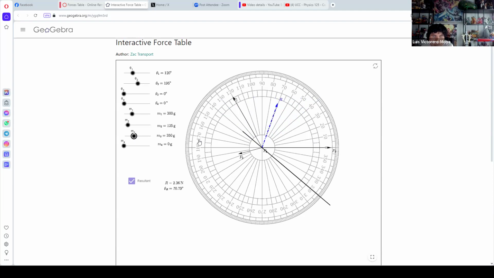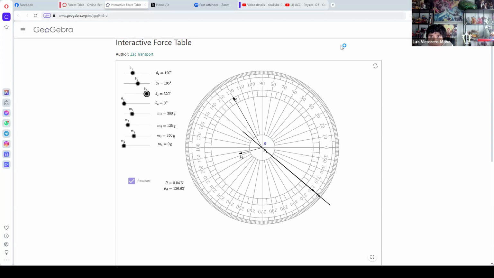Oh, well, this doesn't go to 347. So let's put 350, an angle of 320. Oh, what am I doing? There. So there you can see the resultant there, right?